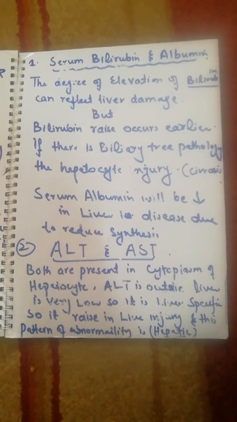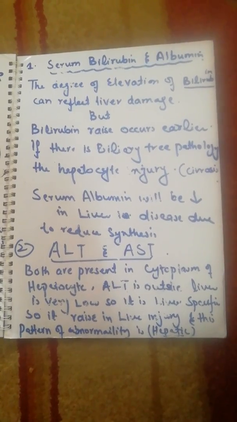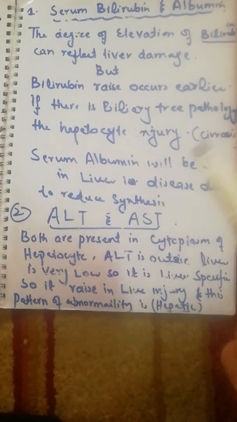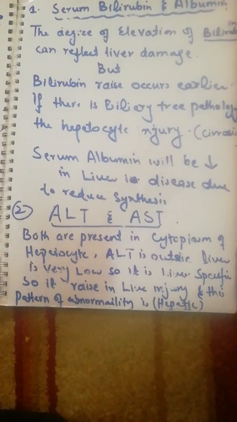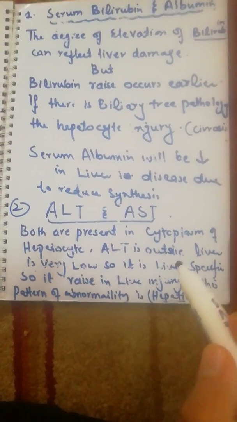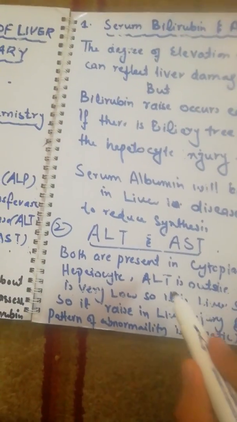Now let's come to alanine aminotransferase and aspartate aminotransferase. Both of these are present in the cytoplasm of the hepatocyte. Hepatocytes are the liver cells. ALT is also present in the mitochondria of the hepatocyte. ALT is not present outside the liver.